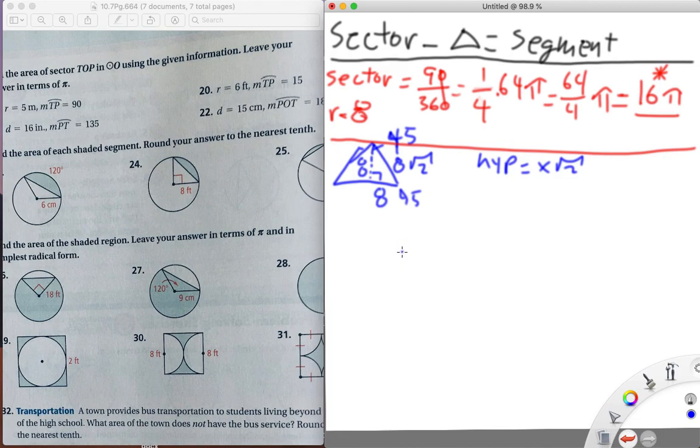That's 8, and that's 8 because it cuts in half, so we add those together, so that's going to be 16. So our base is 16. Our height is 8.